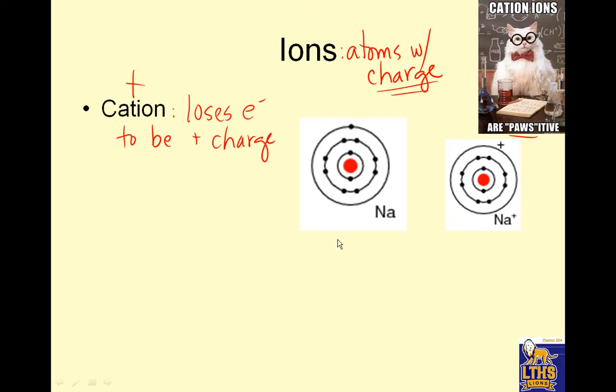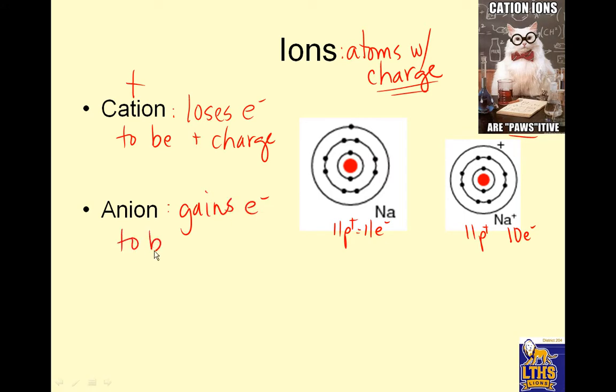Sodium has 11 protons in the nucleus, and this sodium has 11 electrons. So guess what? It's an atom because it's neutral. This sodium has 11 protons in the nucleus, but only 10 electrons. So it's a cation because it has an extra positive charge. That means an electron was lost. The opposite of that is an anion. It gains electrons to be negative charge.